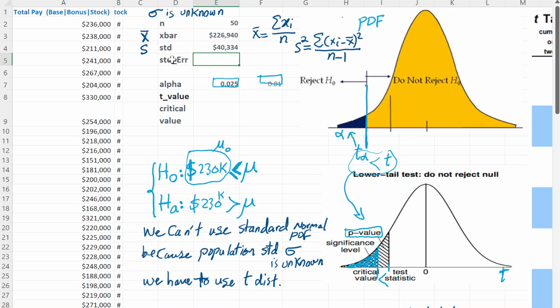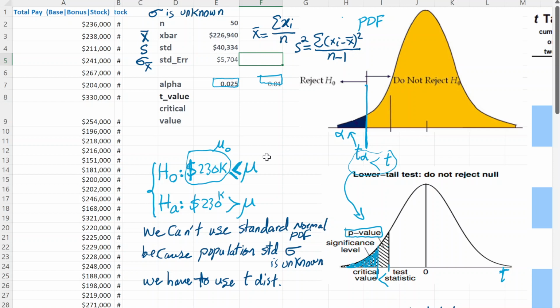Now, standard error, as I highlighted, is sigma x bar, the standard deviation of the sample mean. That is simply the sample standard deviation divided by the square root of the sample size n. We found that the standard error for this data set of 50 data points is about 5,700.